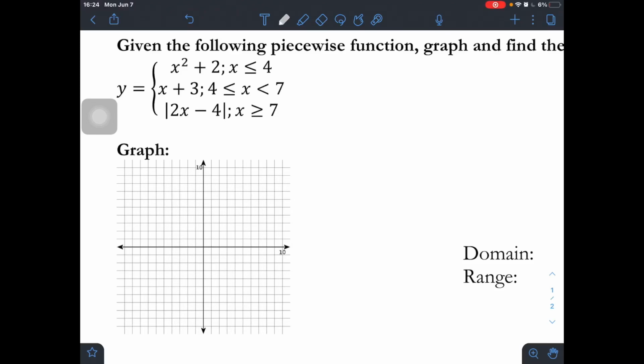Alright, for this first problem, it's asking for when x is less than or equal to 4. Let me adjust something. Okay. So we have to first draw out the function, which is this.